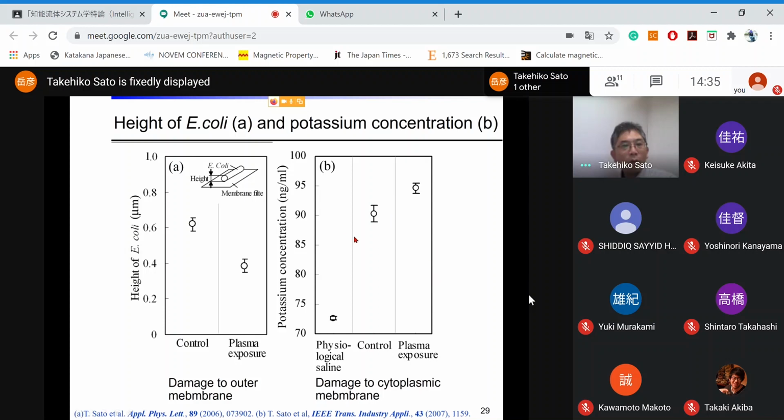So plasma damages not only the outer membrane but also the inner membrane, because potassium is kept by the inner membrane.